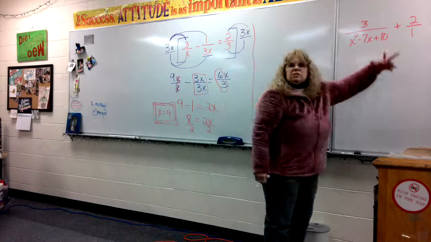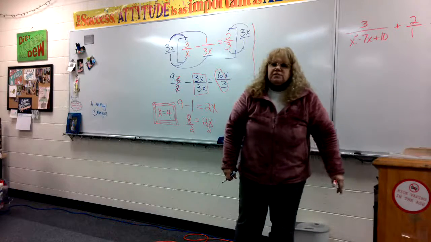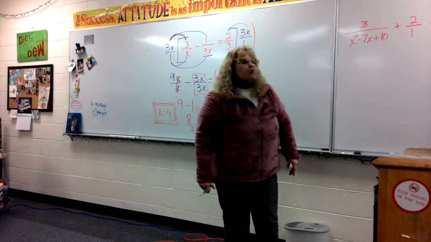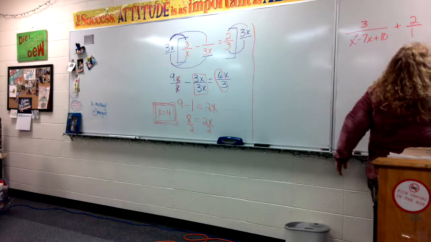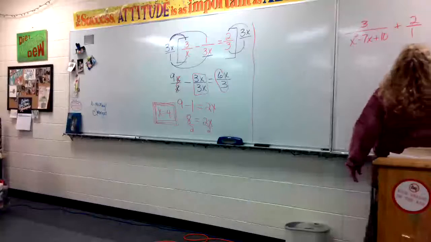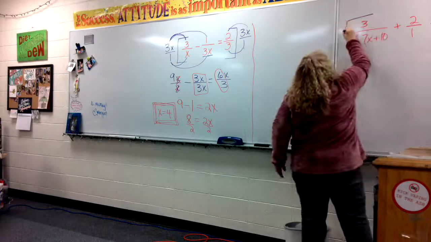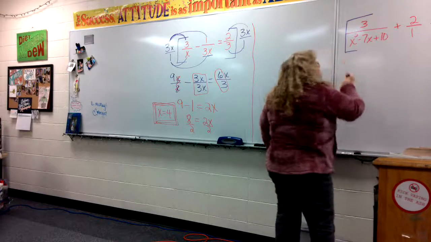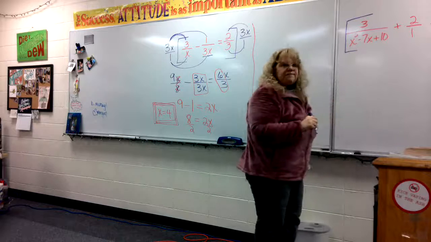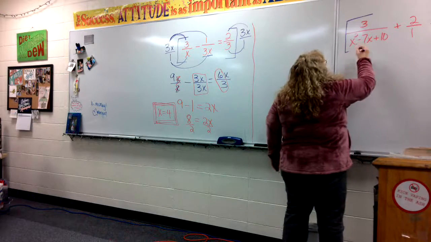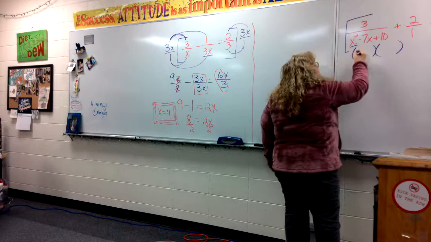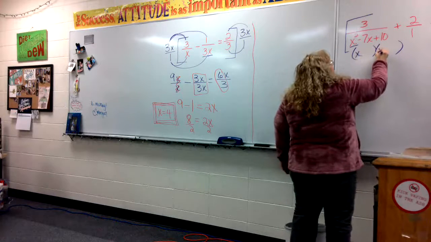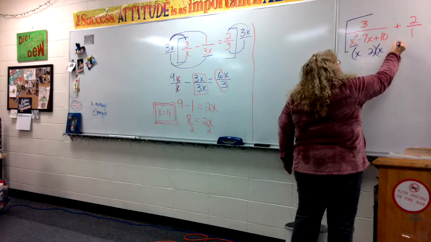What do you have to do here before you can figure out the common denominator? Factor it. Right, you've got to factor it. Oh, and as long as I'm putting parentheses, I'll put parentheses around that too. We have to factor. What does that factor into? X minus 2, x minus 5. Oh my, you're quick. X and x, 10, 2 and 5.